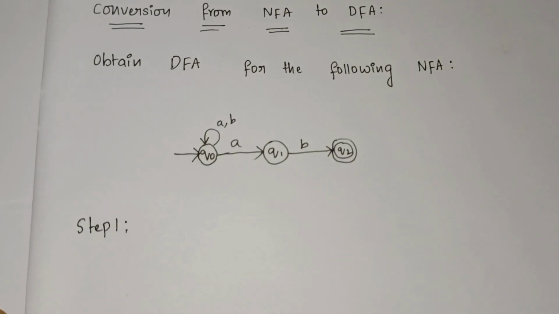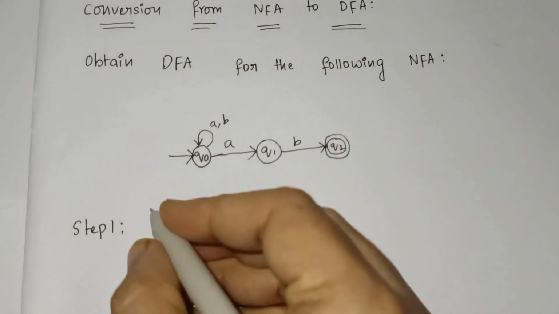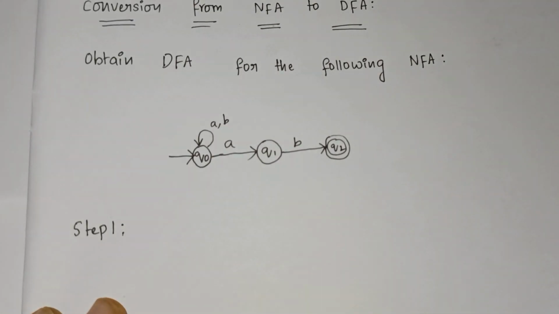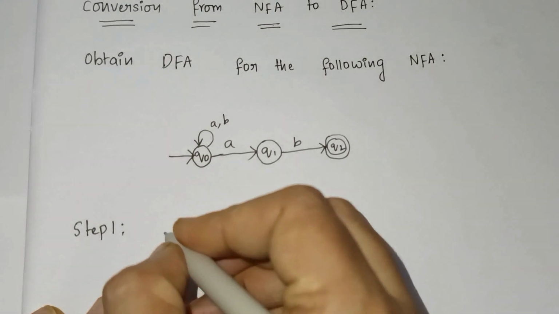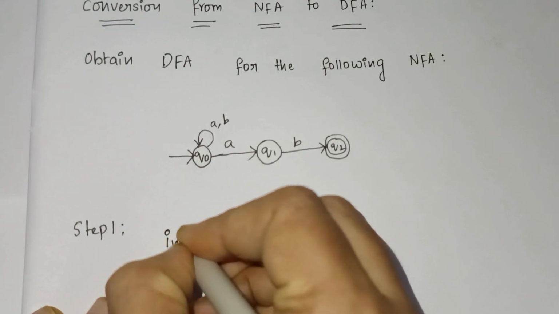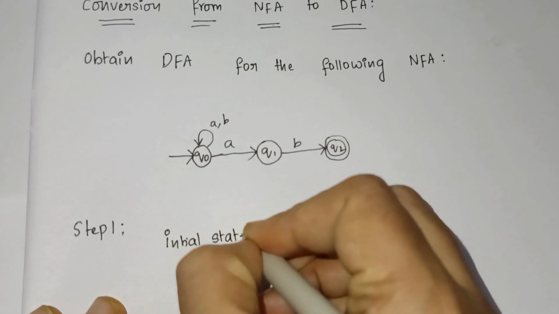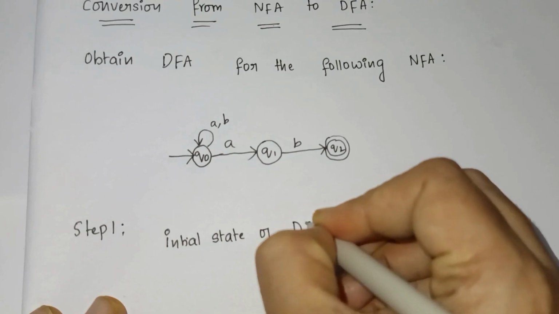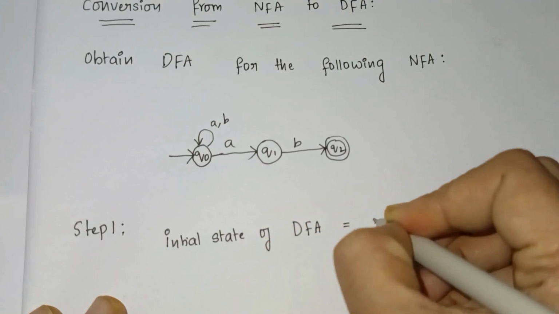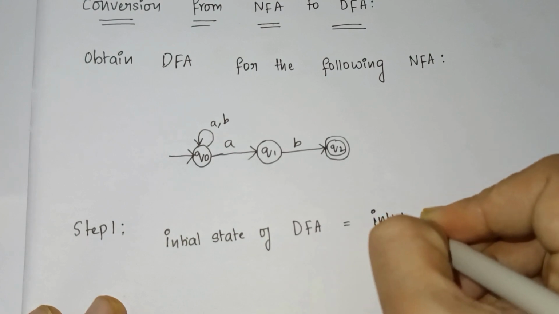Step 1: identify the start state of DFA. What is the start state of DFA? The start state of DFA is the start state of NFA. So the first step is to get the initial state of DFA, and you should take the initial state of NFA. I'm writing it here: the initial state of DFA is the initial state of NFA.